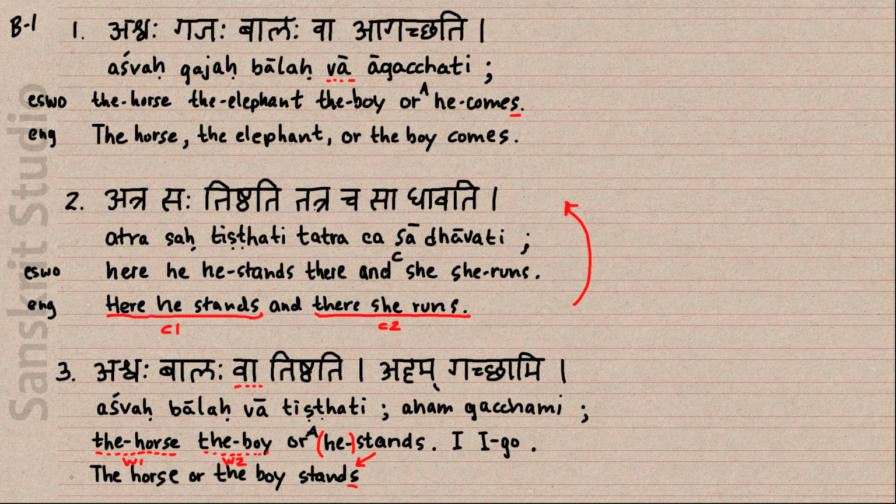But of course, on the English line here, this is not necessary, because if we have one single or in the English, we imply that this is the A syntax.